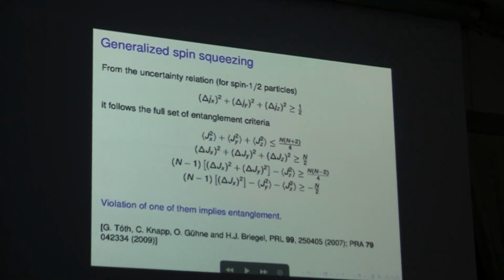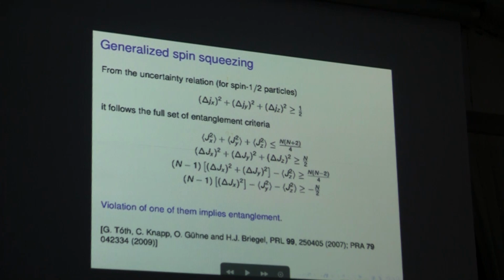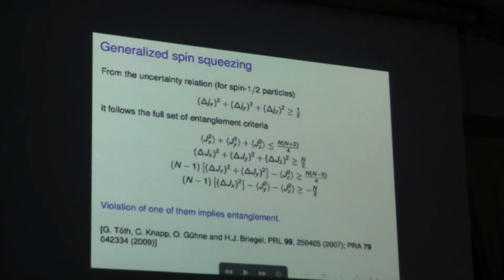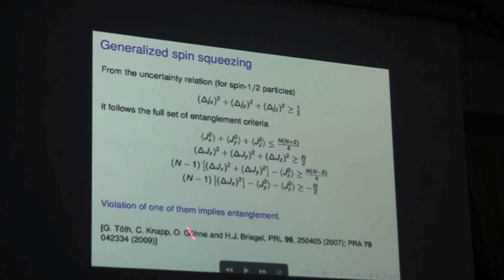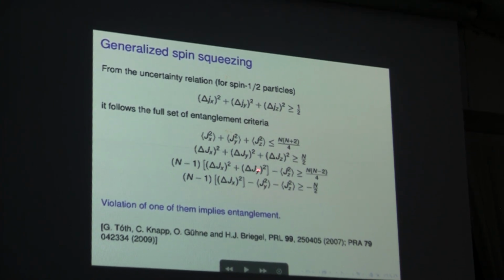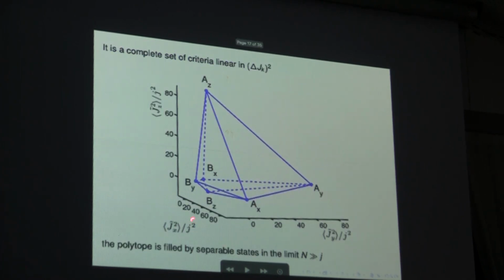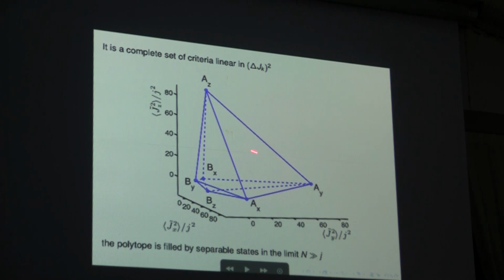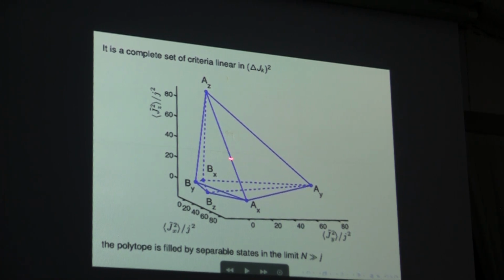And then all of this was generalized in many ways. Maybe I don't go into all of these details, but let's say that Tóth and others, with my former PhD supervisor, had already derived a full set of inequalities similar to the original spin squeezing inequality. So you get a whole set of them: if you measure these three variances in the orthogonal directions, and your measured point is inside this polytope, you don't know, but if it's outside, the state is definitely entangled.